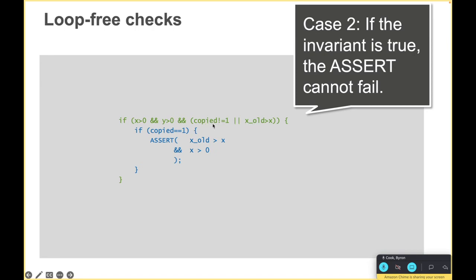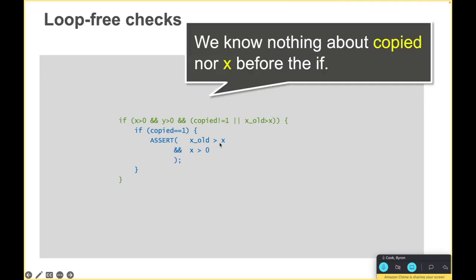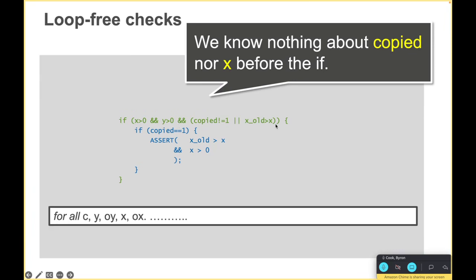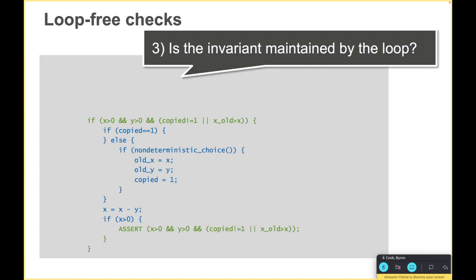Sorry, not x is 1. When copied is equal to 1, then x is less than old x, and thus this is established here. And note here, we know nothing, this is symbolic. We know nothing about x or copied when we come in here. All we know is what's set up with the invariant. Okay, so again, no loops, and again we can encode that to SMT.